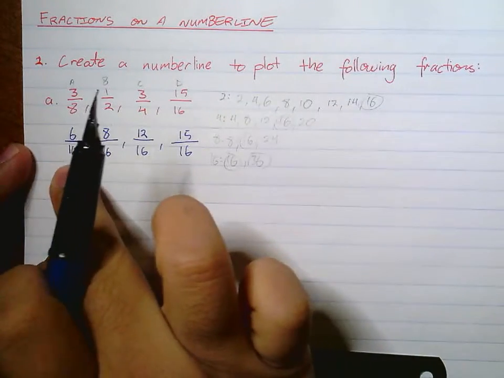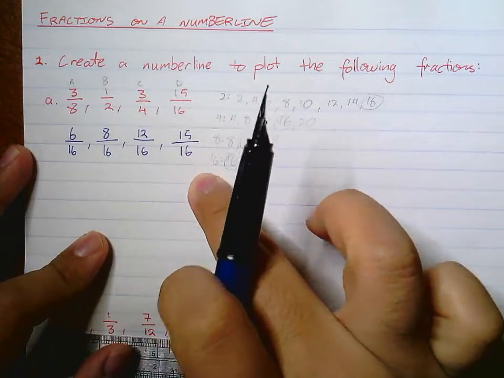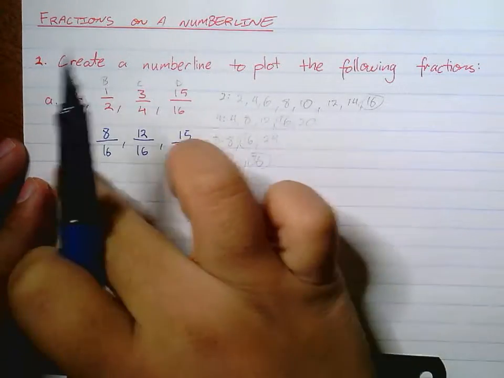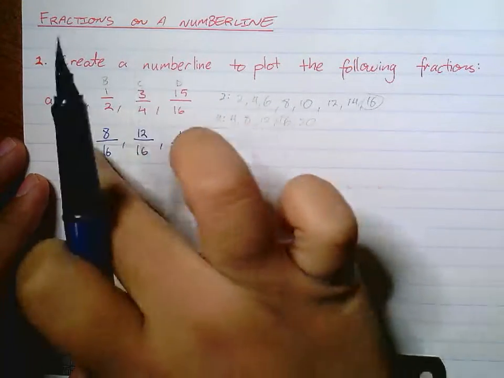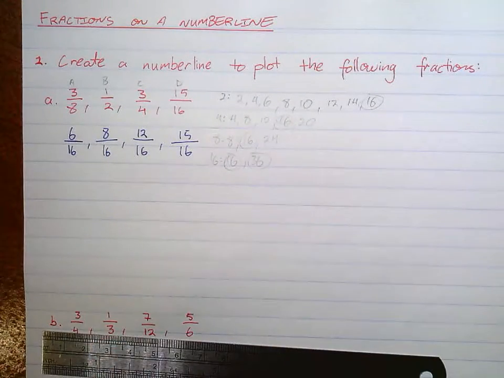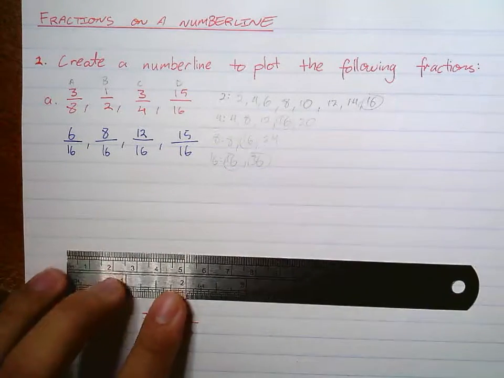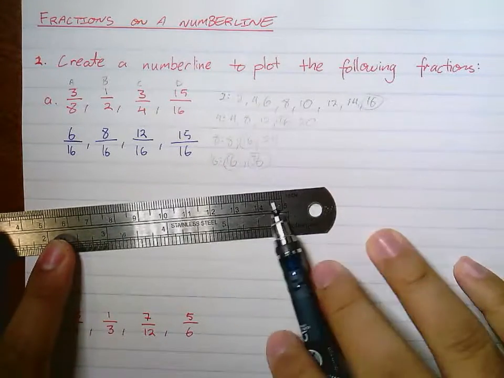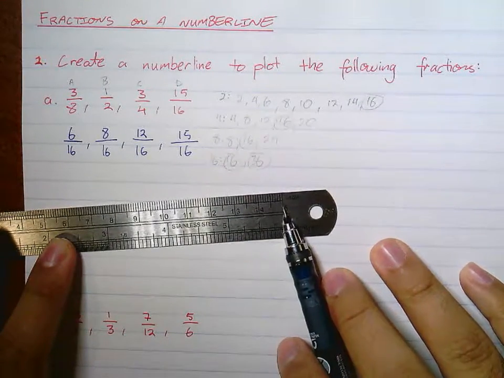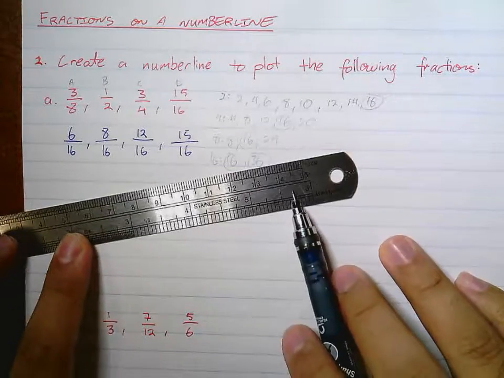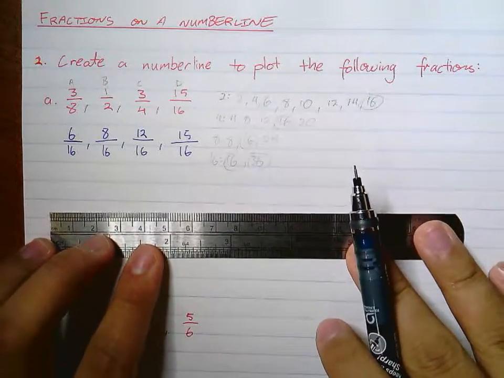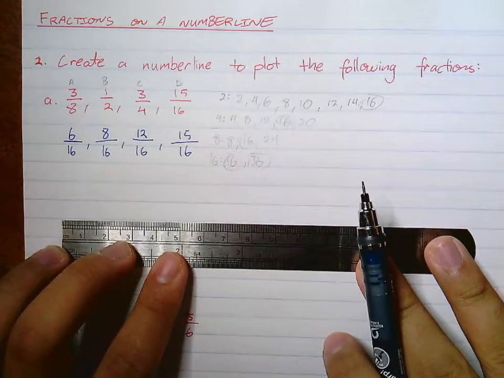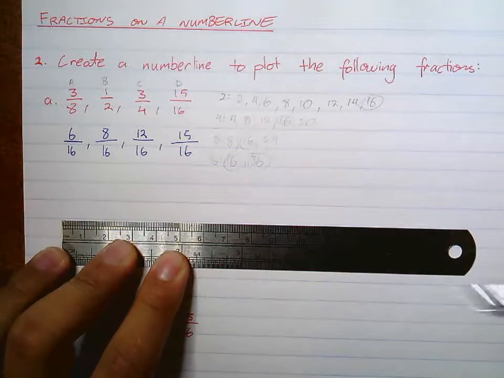So now that we have these, we can make our own number line with 16 equal intervals and place these accordingly. Let's do that right now. Instead of making it 16 centimeters, because my ruler only goes to 15, I'm going to make it go up to 8 centimeters and use the half centimeter intervals.